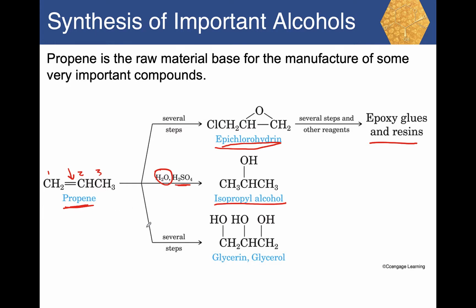And of course, another way here is we can convert propene into glycerol. Notice we have here a bunch of OHs bonded to these carbons. And that's glycerol, of course, as you know, that's often used in the flavoring and manufacturing food industry.